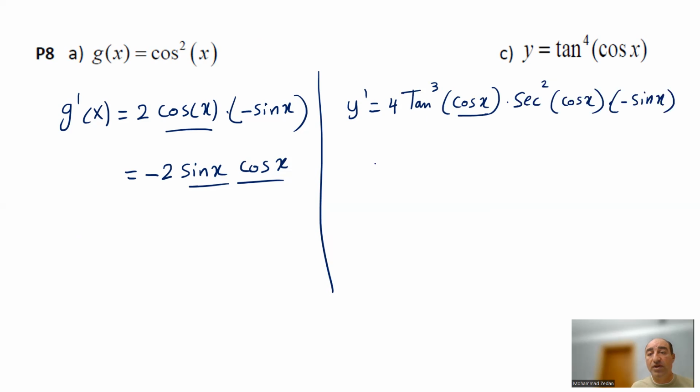Look at this one: 4 tan cubed cosine x, this secant squared cosine x, and negative sine x. This is all different, just write them all together. You know the secant is 1 over cosine, but this is really secant squared of the angle cosine x, so I cannot simplify anymore. I have this product, I cannot change anything.